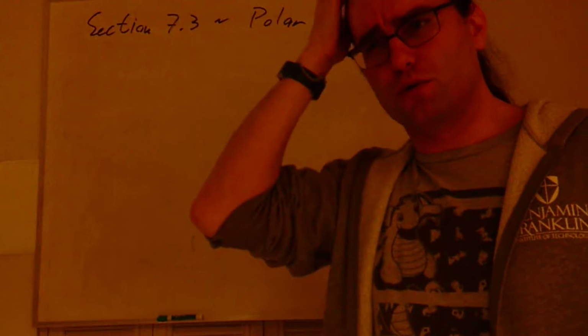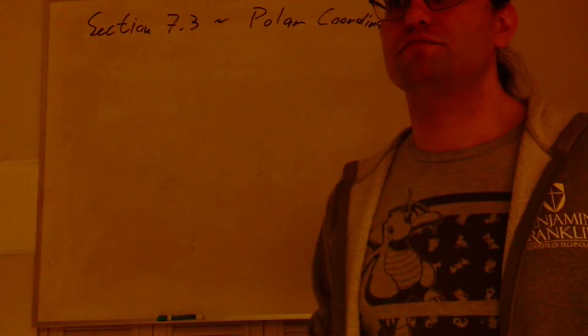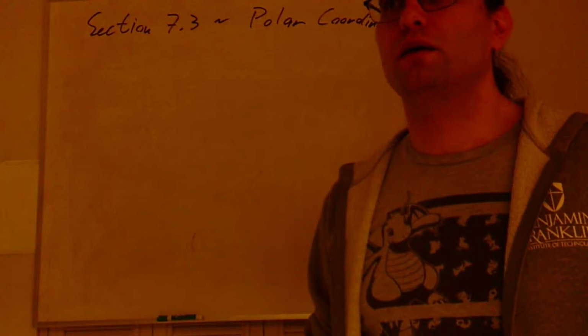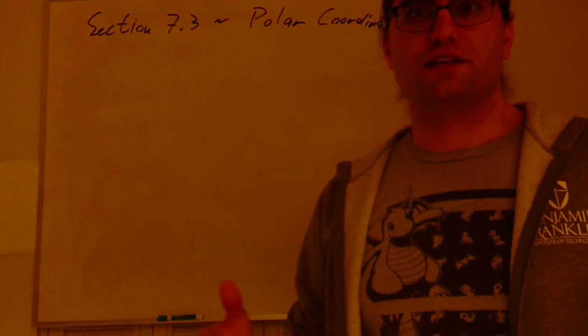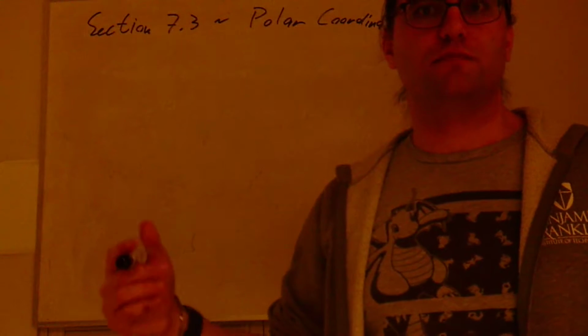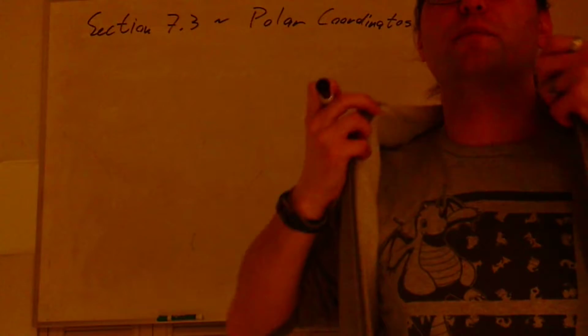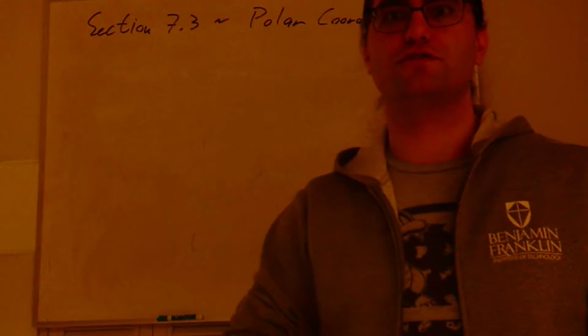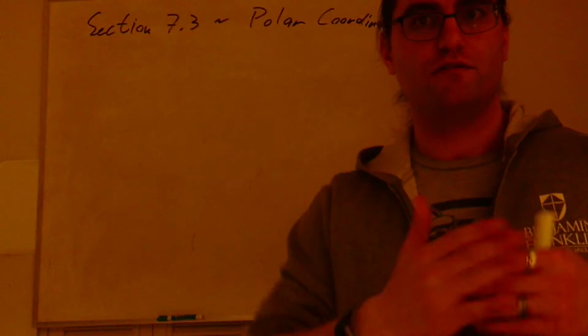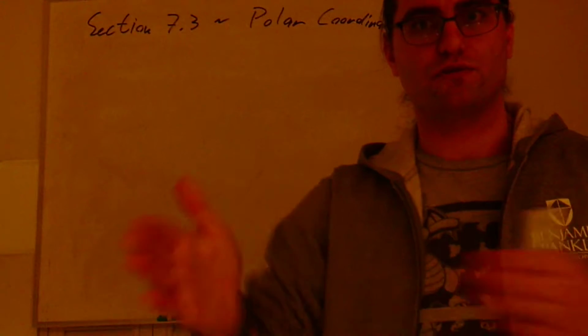In terms of real-world applications, it's pretty easy to think about x and y coordinates as positions on a city grid. Like I personally have never been to New York City, but I've heard that the streets and the avenues are lined up in a very neat and orderly grid fashion.